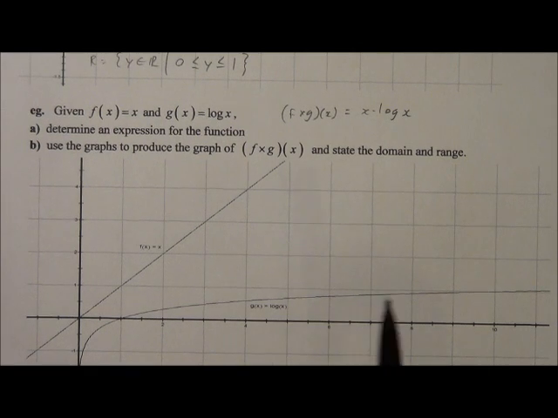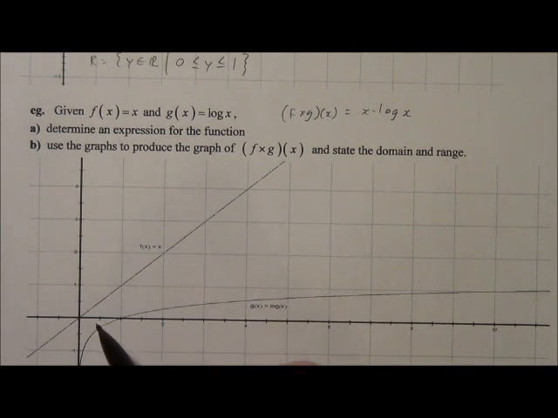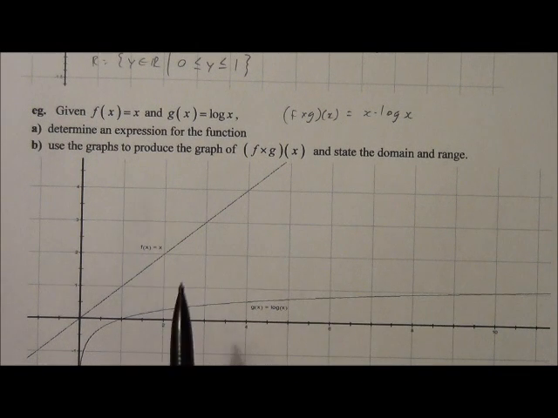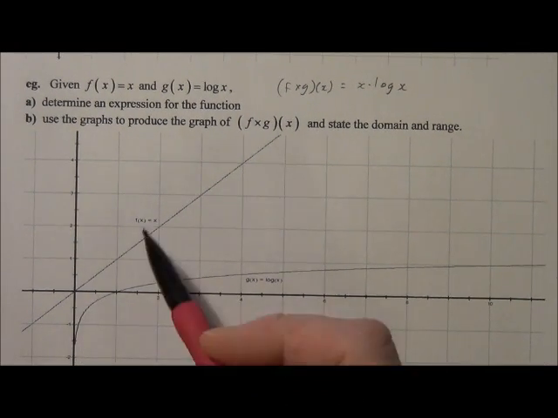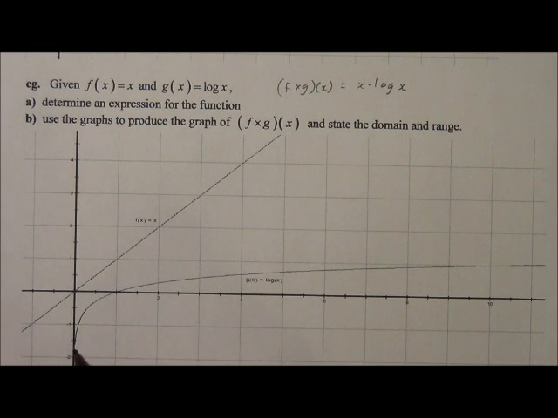So then what you need to do, in order to use these graphs to produce the graph of this, we need to find certain values and multiply them together. So one of the easy values to find here is for f of x equals x, y equals 0 when x equals 0.